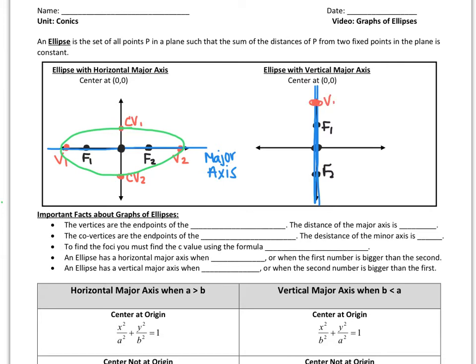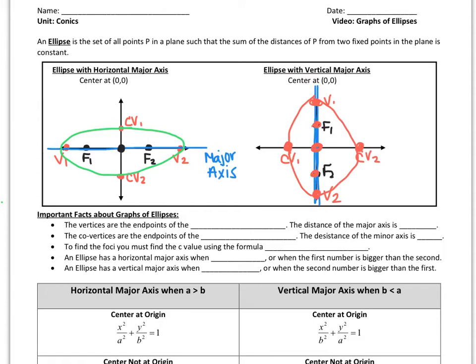But now my vertices are right on that axis as well. So we'll call this V1 and we'll call this V2. And we need to label our covertices. So I'll label this CV1 and CV2, covertices. So this is what my ellipse would look like. Here's my covertice, covertice. Here's my center, and here are my two foci.